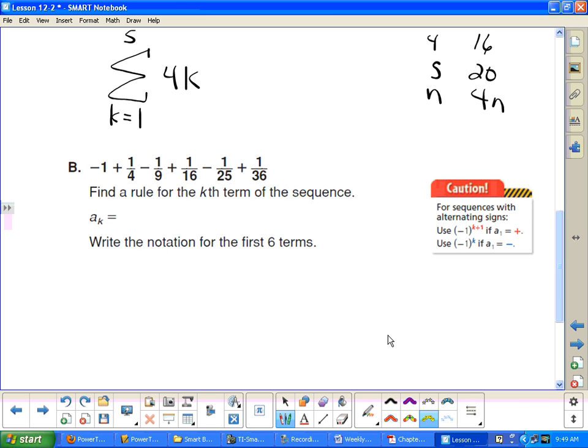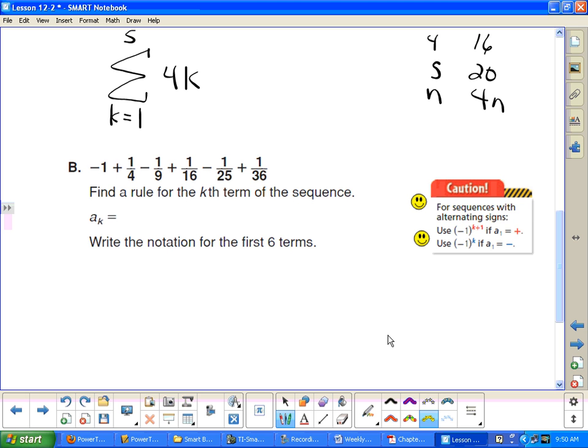They tell us that we're going to use -1 raised to the power of k plus 1 if its first term is positive, and -1 raised to the power of k if the first term a sub 1 is negative. So first of all, to find the rule here, we're going to ignore the fact that there are positives and negatives.